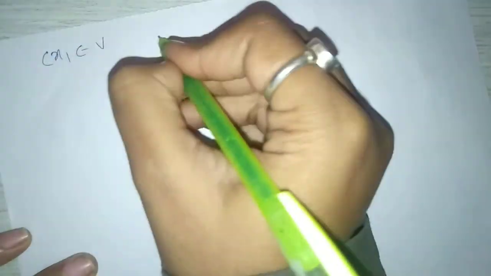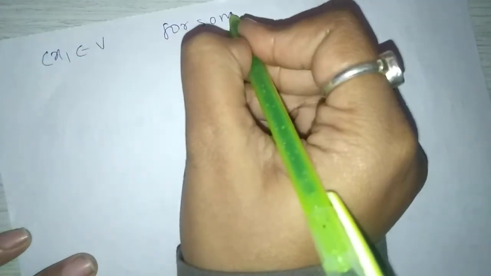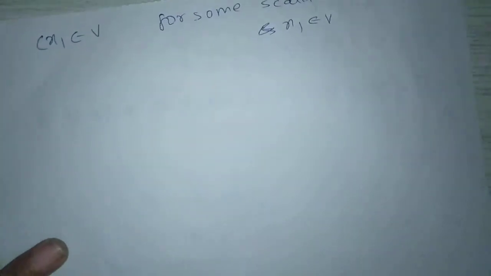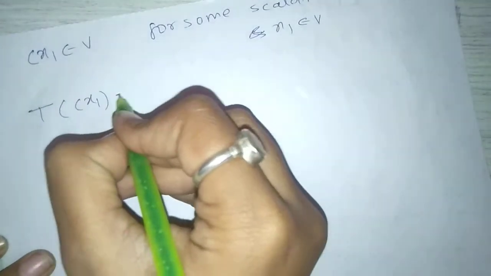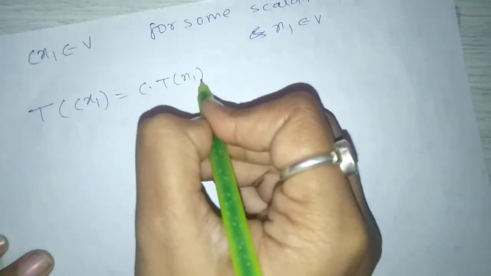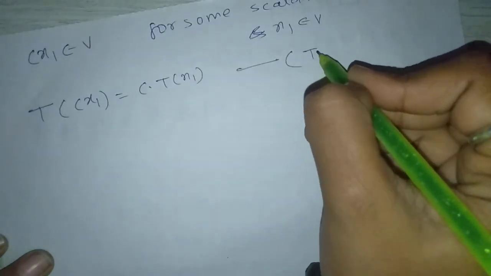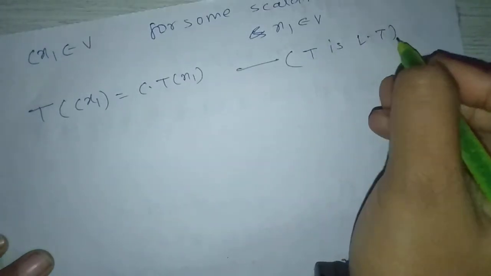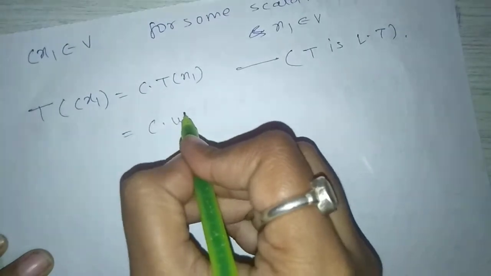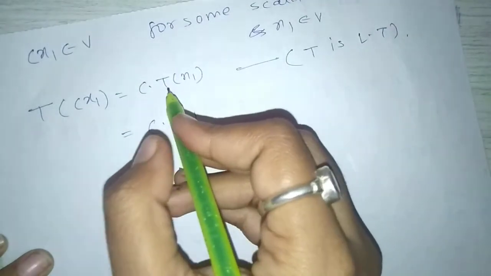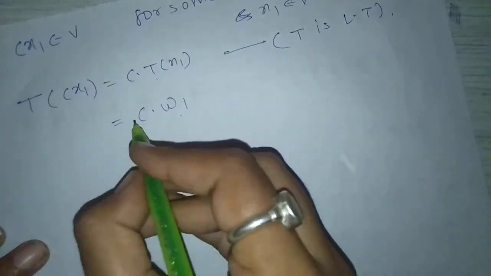Next, C into X1 belongs to V for some scalar C and X1 belongs to V. Now apply T on C into X1, we get C into T of X1, since T is a linear transformation, so C into W1, because T of X1 is W1.